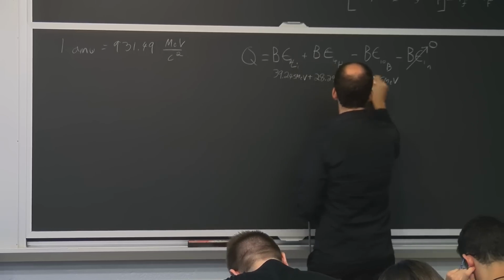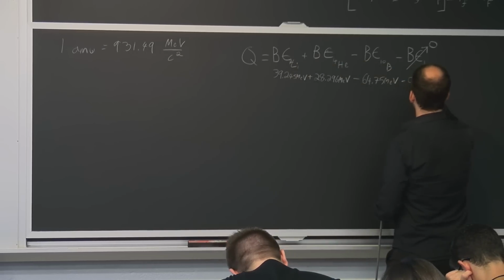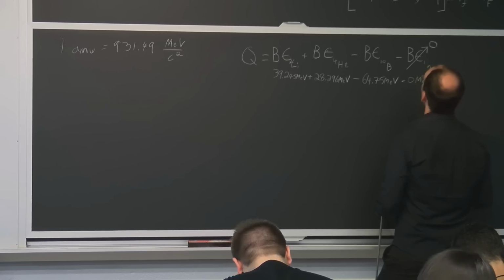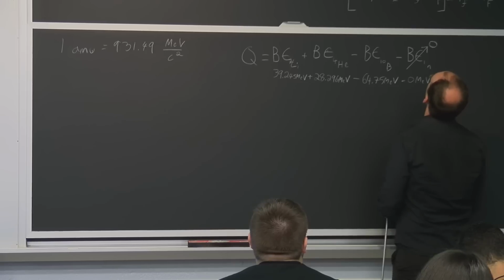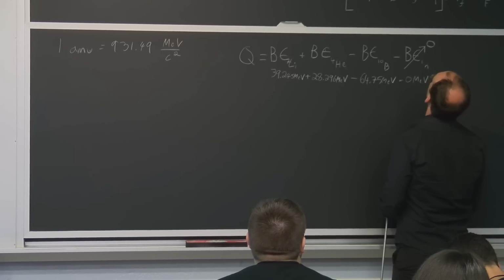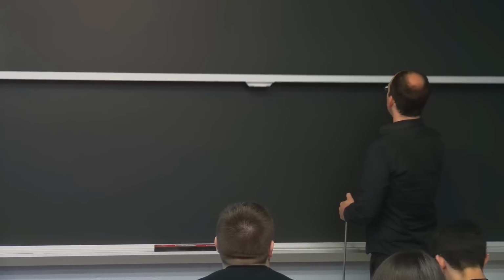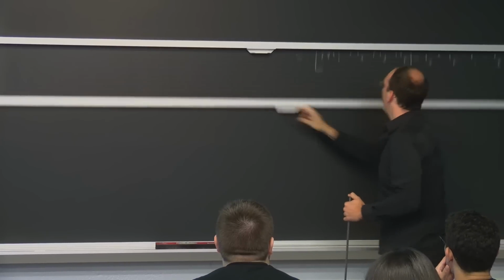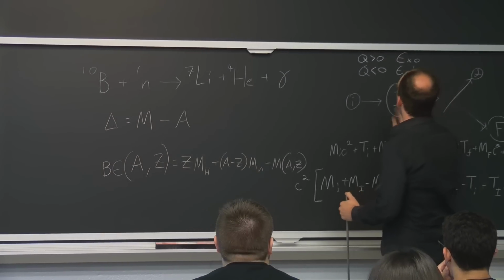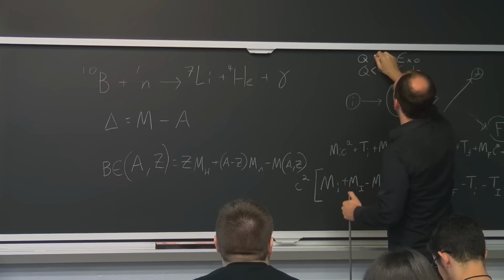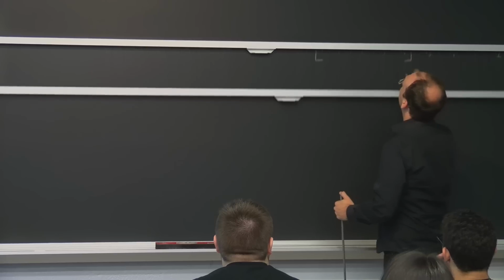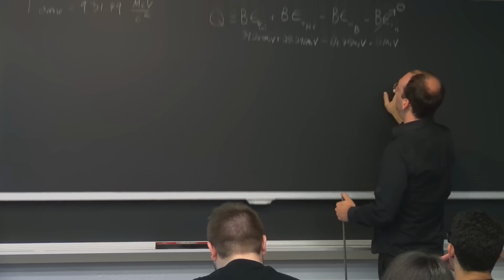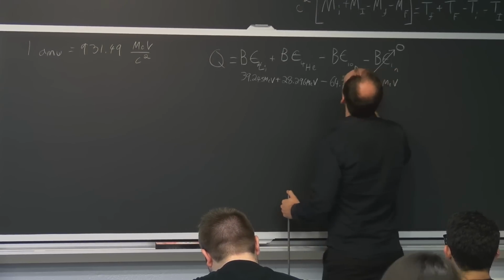Put the plus, minus, minus 0 MeV. Let's see. Actually, I think my signs for exo and endo are backwards. Let me fix that right now. Because the idea is if you release energy, there we go. Sorry about that. No, wait a minute.